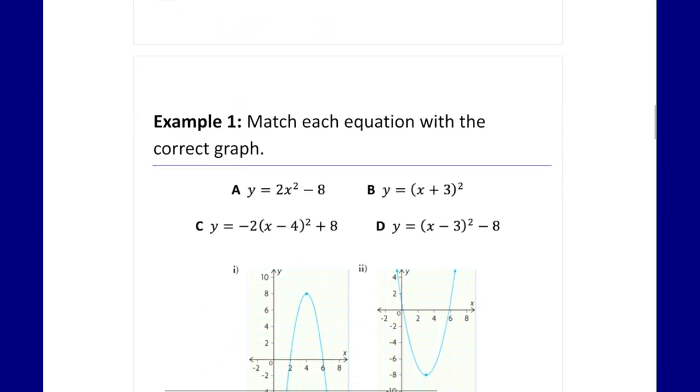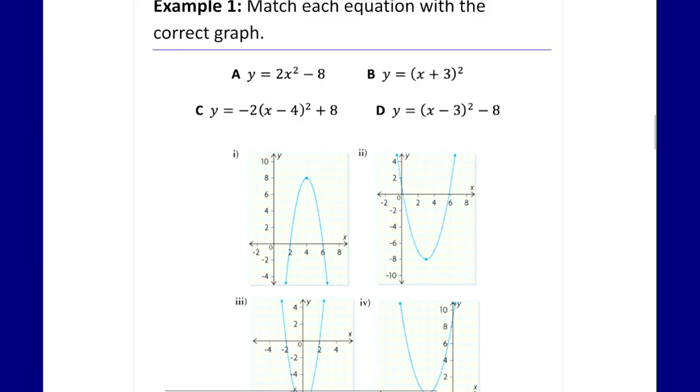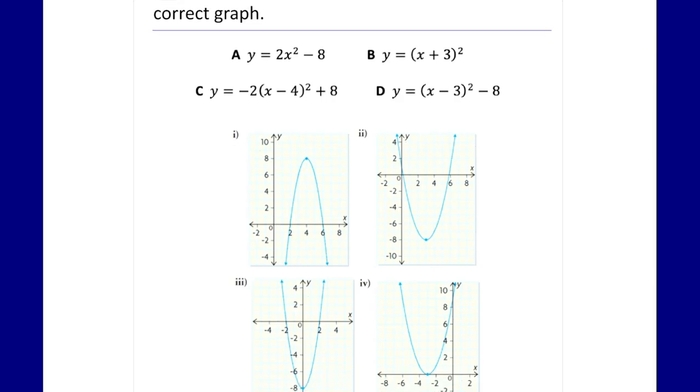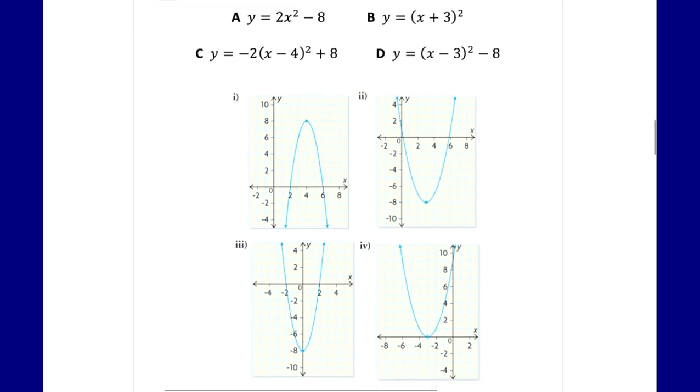So the first thing we want to do is just remember and identify key pieces of information of our quadratic that will help us identify the different graphs based on the equations. So we have 4 equations and we have 4 graphs and we want to match them. Looking at our 4 graphs, one thing that singles one out is the first one.